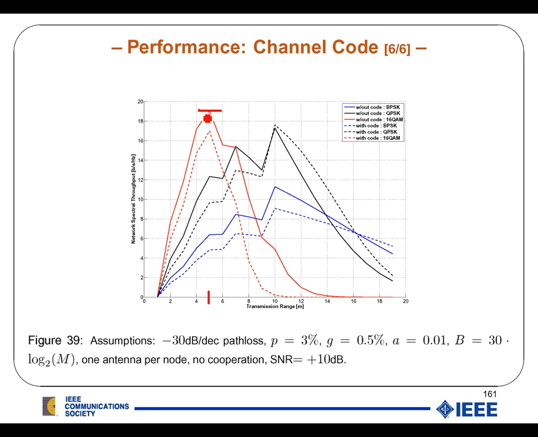The physical layer cannot help so much with a robust modulation and encoding scheme. So from a spectral point of view, it is actually better not to use a coder because it yields a higher network spectral throughput.